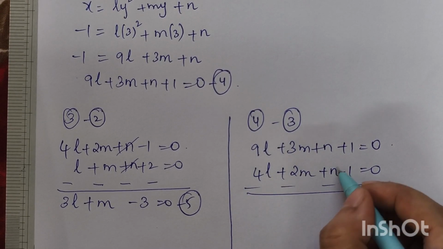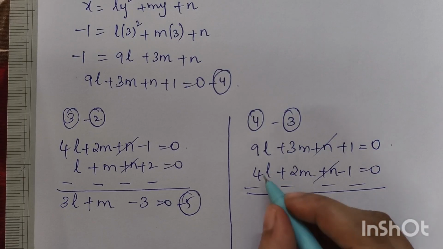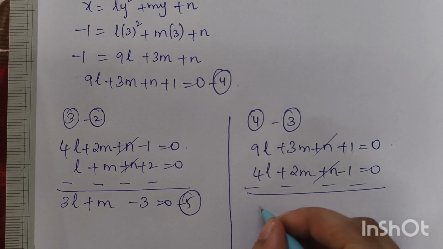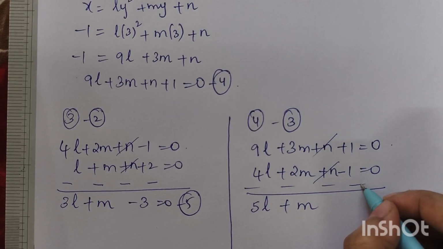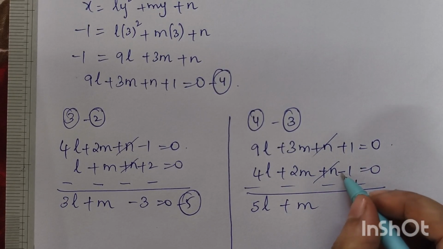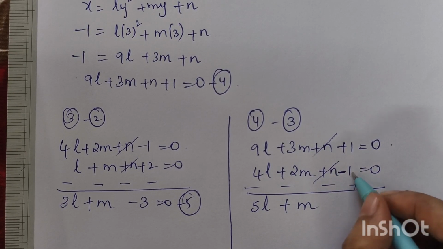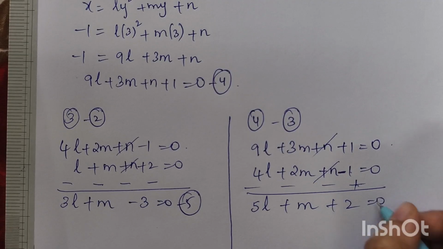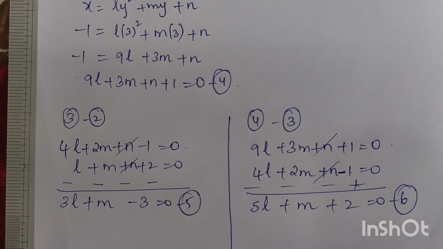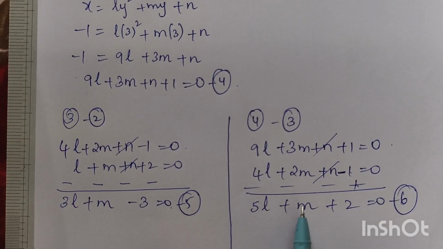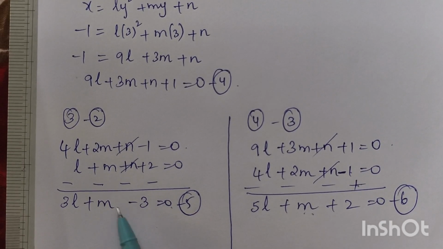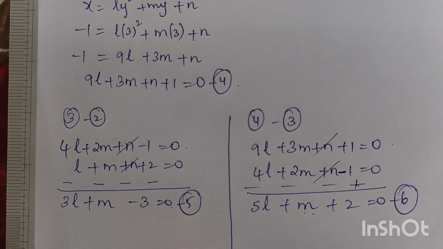Changing the signs, again the n gets eliminated. 9 - 4 will be 5l, and 3 - 2 is 1, so + m. Minus, so it is plus: 1 + 1 will be + 2 = 0 as equation 6, right? Now we'll solve 5 and 6. So m gets eliminated and we'll get the value of l here.